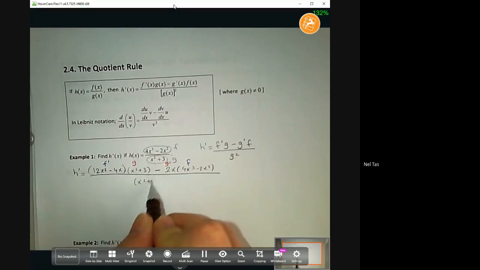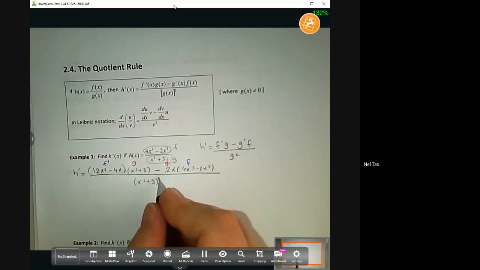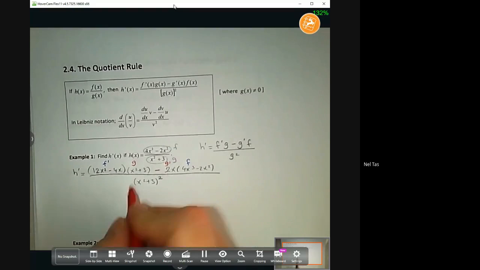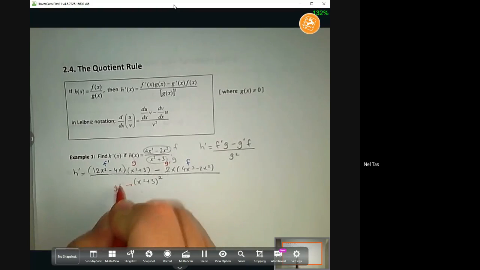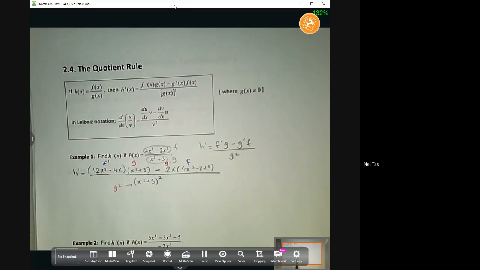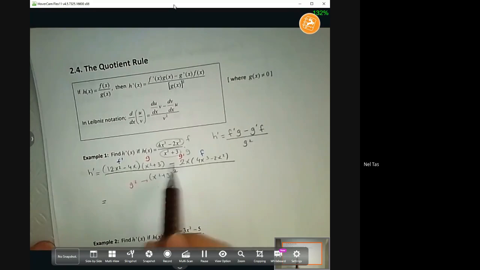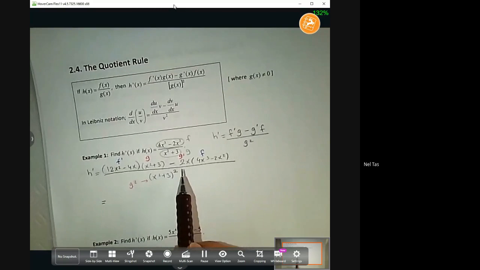So x squared plus 3 squared. And that is your g squared. Now we need to simplify.